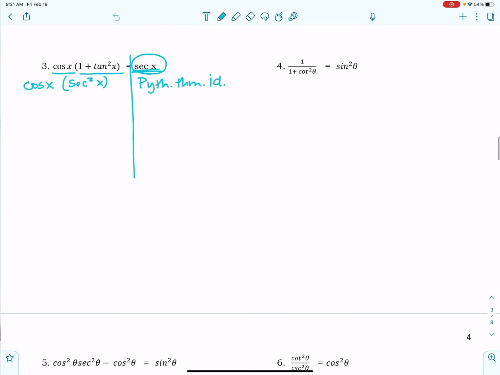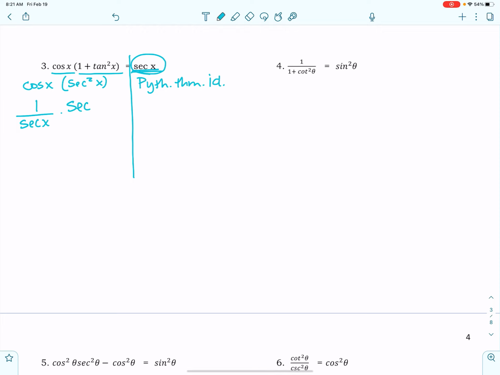So 1 over secant x, and secant squared x is actually secant x times secant x, so I can write it that way if that helps you see that you can reduce. The reciprocal identity enabled me to rewrite cosine, and then all I have to do is reduce. Life is good.